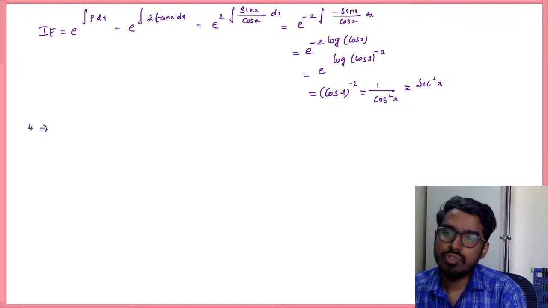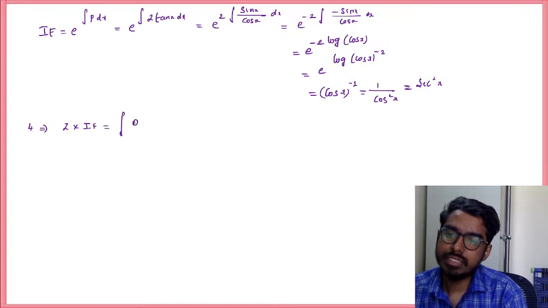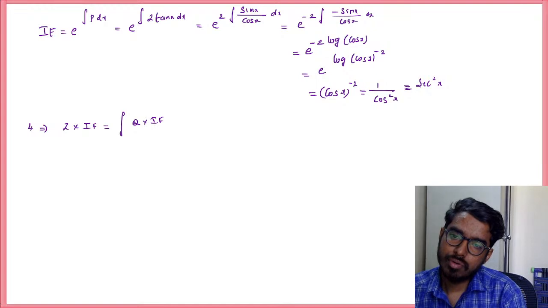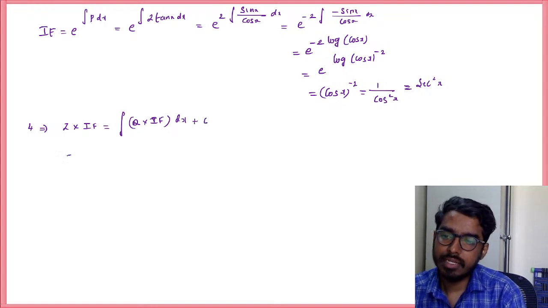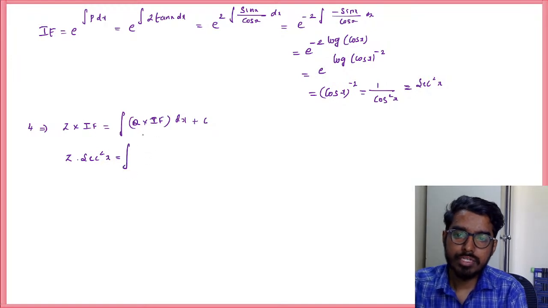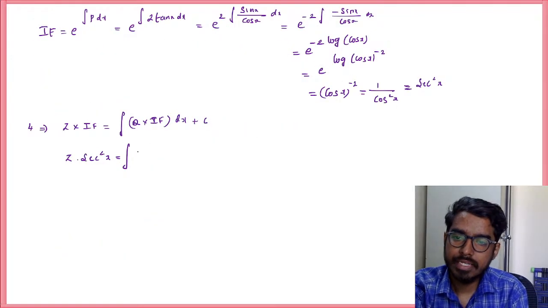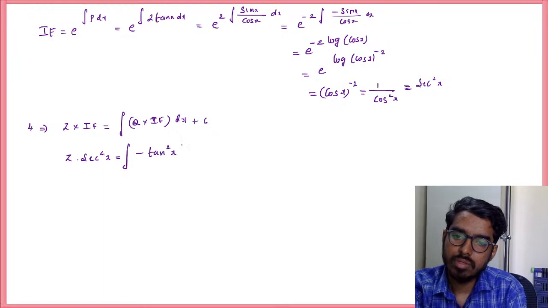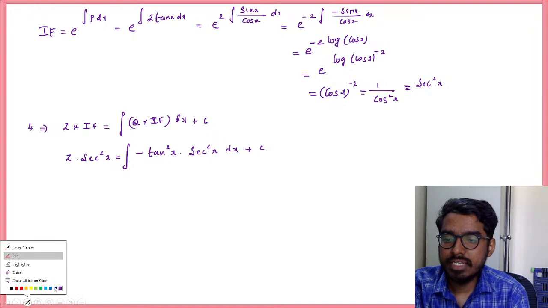So solution is z into integrating factor equal to integration of q into integrating factor dx plus c, right? What is q? Q is minus tan square x. Integrating factor is secant square x. So put t is equal to tan x.